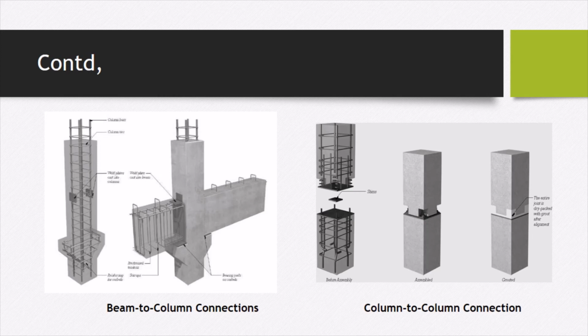And you can see the column to column connection, where grouting is done. You can see the bolt was also done previously, and after that the finishing is done with the help of grout and also sealant.